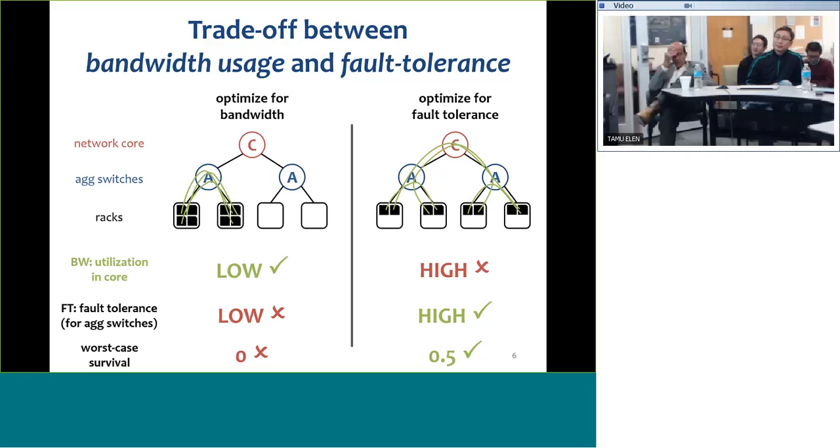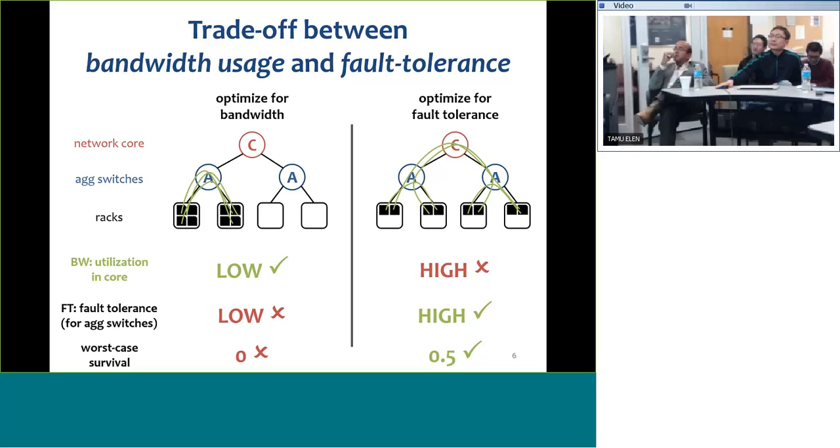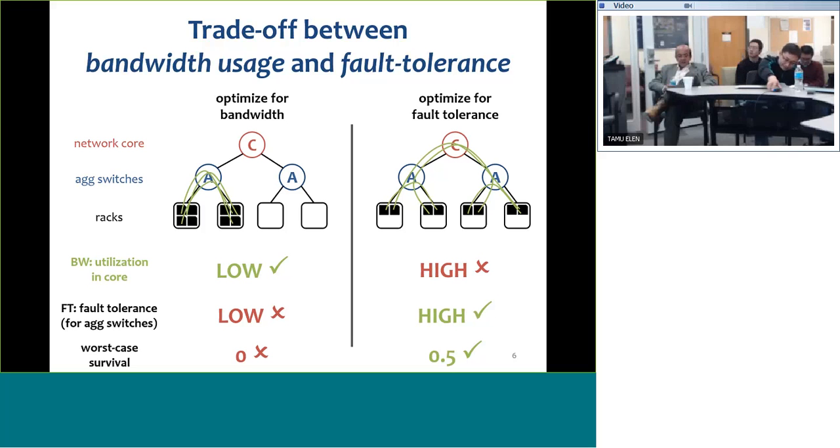I would say the more machines that are alive, the better. Okay, got it. And by being aware of fault tolerance, you actually want to improve this. The metric that we are using, again, you could think of different metrics or different specific criteria in fault tolerance, but we are using the worst case survival rate. Okay, got it.